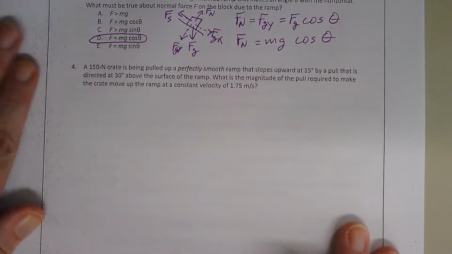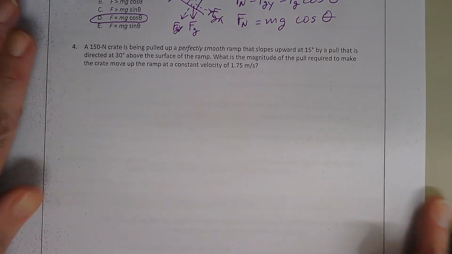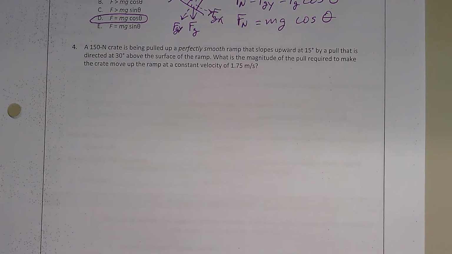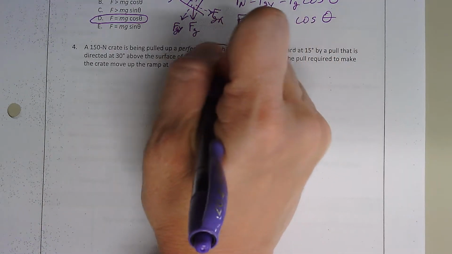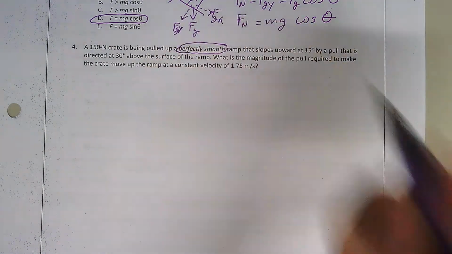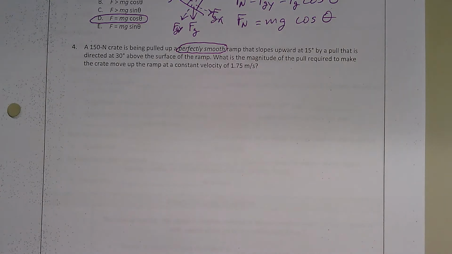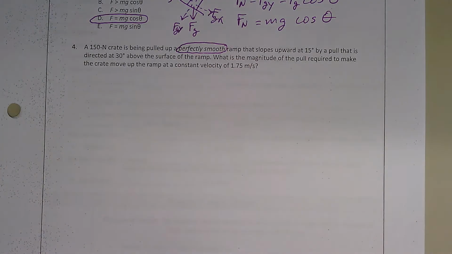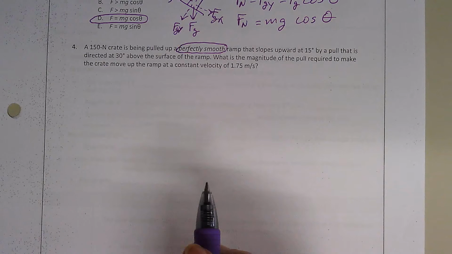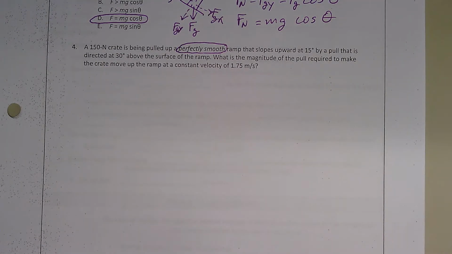Number 4. All right, so number 4, I've got a 150 Newton crate being pulled up a perfectly smooth ramp. If it's perfectly smooth, probably ain't no friction. So let's keep reading, see if they talk about friction. It's pulled up a perfectly smooth ramp that slopes upward at 15 degrees by a pull that is directed 30 degrees above the surface of the ramp.